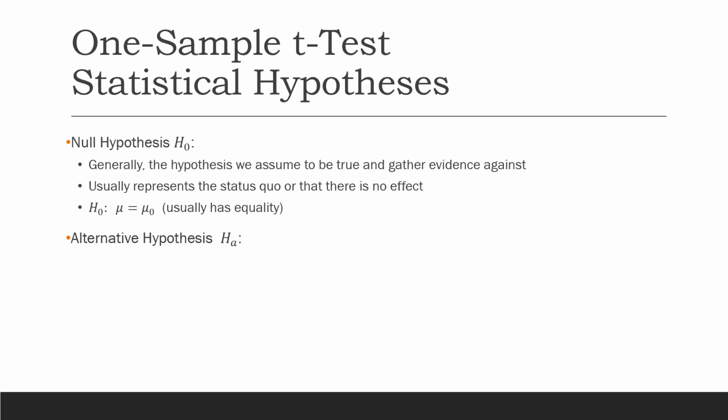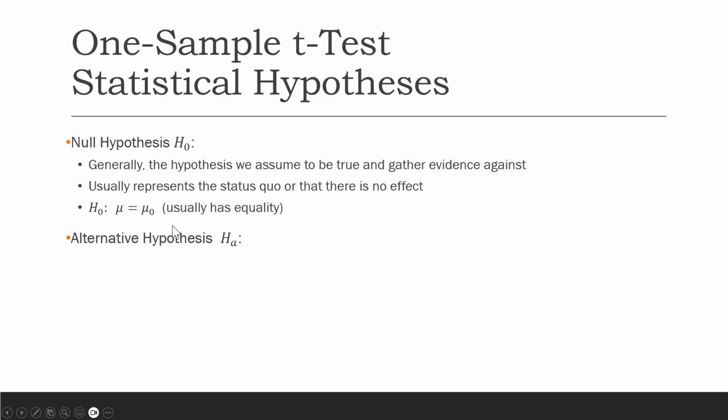For our one sample t-test, our null hypothesis, since we're talking about our population mean, is that our population mean equals a specific value. Now, I have mu equals mu naught here. This mu naught is going to be some value related to what we hypothesize our population mean to be.